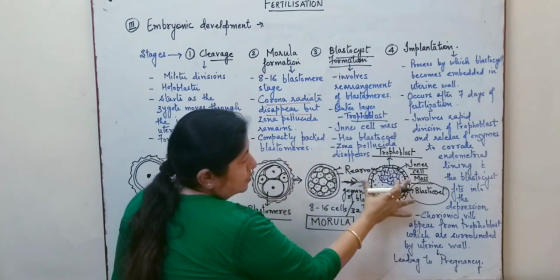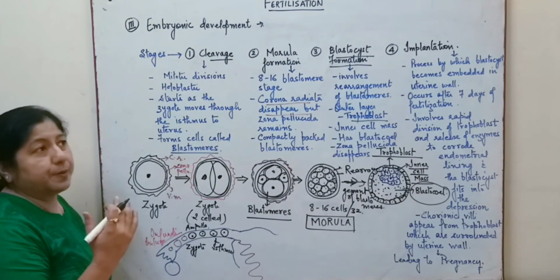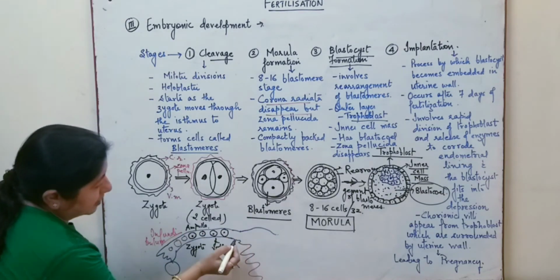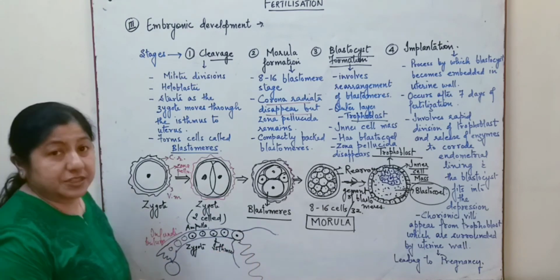So this blastocyst is the next stage where the development will be followed. Now, this happens around the third day.